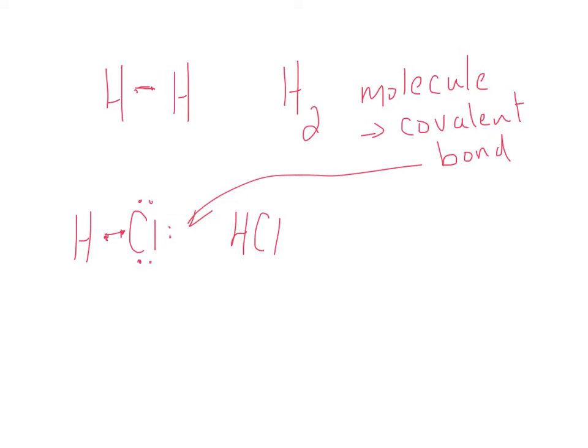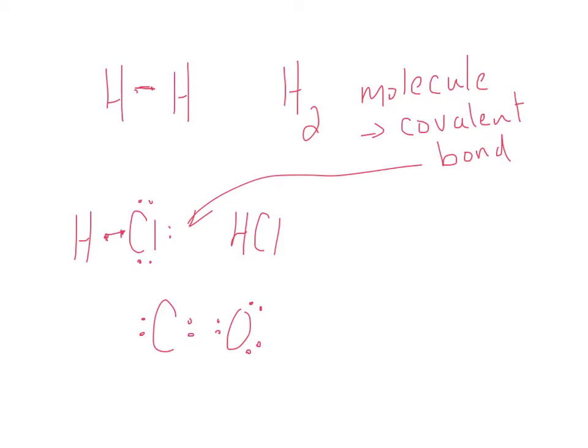When we get into some more complex examples, if we start talking about a bond between carbon and oxygen, you may have to follow a couple of steps. So oxygen has 6 valence electrons. Carbon has 4 valence electrons.